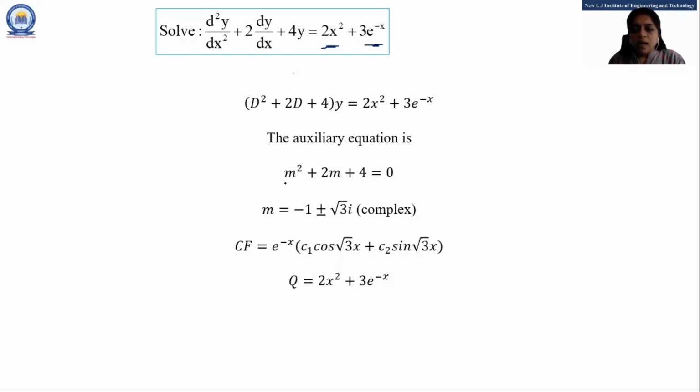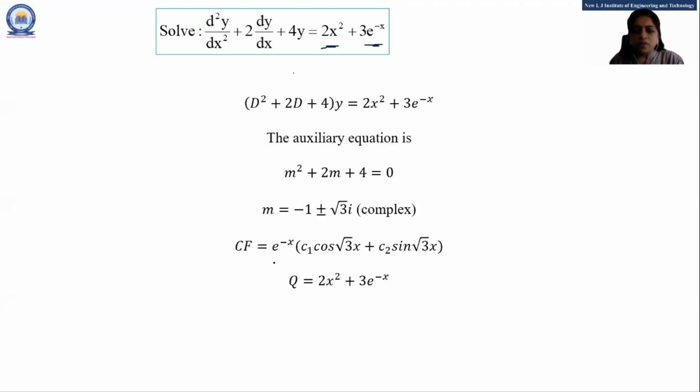The auxiliary equation is m square plus 2m plus 4 equal to 0. So after factorization, what are the roots? M is equal to minus 1 plus or minus root 3i. Okay. As roots are complex, so what is the complementary function, students?